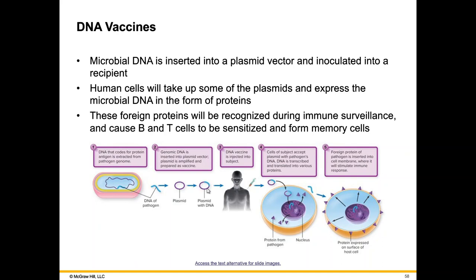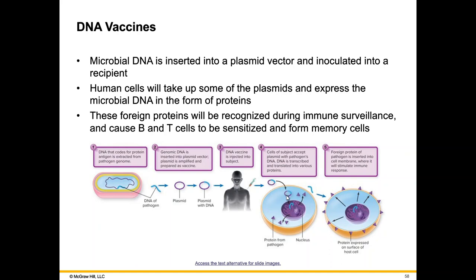A plasmid is a ring of accessory DNA in bacteria that we talked about several chapters ago. So now we fuse this plasmid to this DNA of interest. We can put it in a vaccine, inject it into a subject, and now these human cells can accept that plasmid.